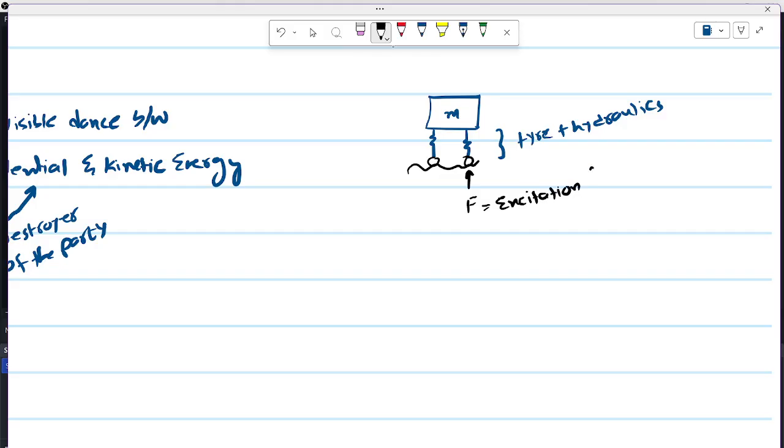Because of this excitation force, this spring will absorb this force, and we know the spring is capable of storing potential energy. So the first element from where the mechanical vibration starts is the spring, or the stiffness.